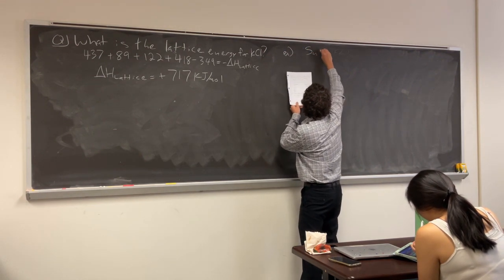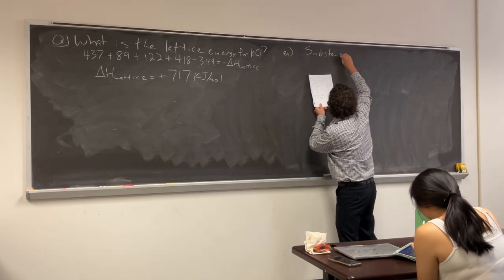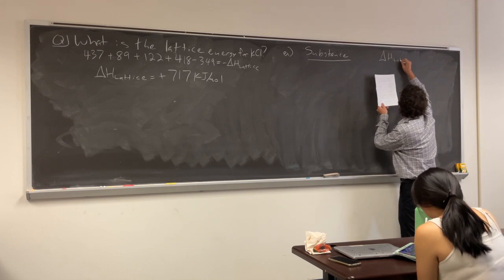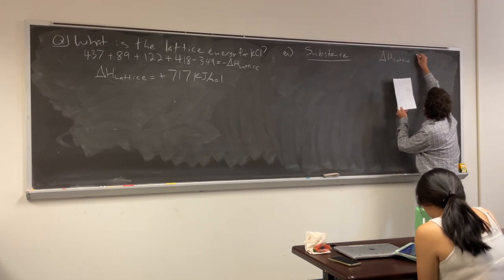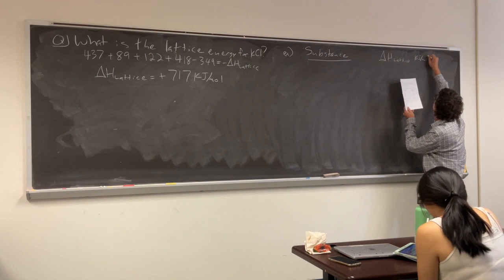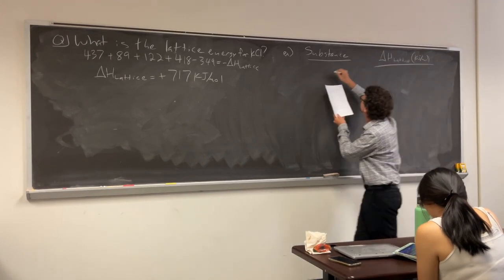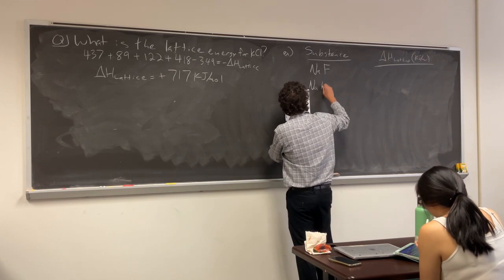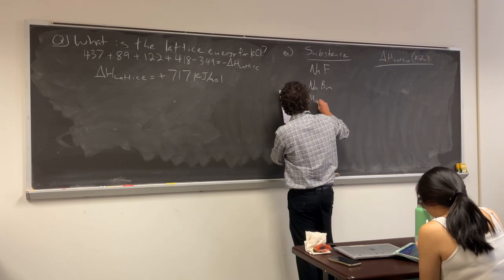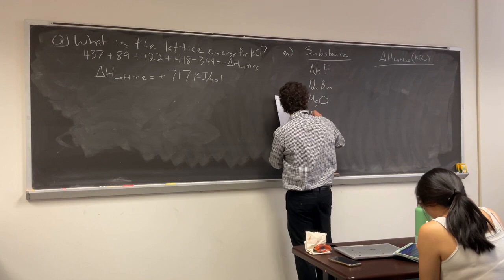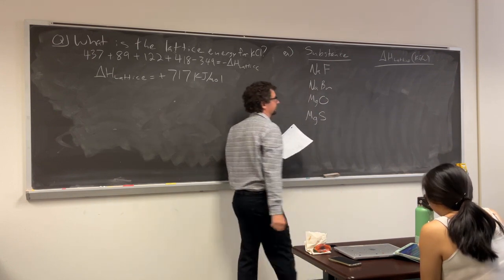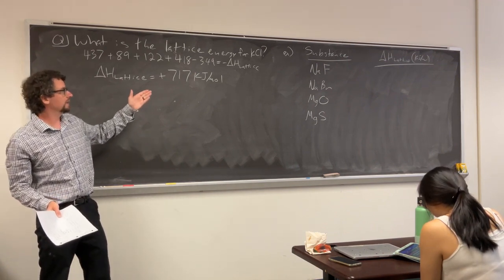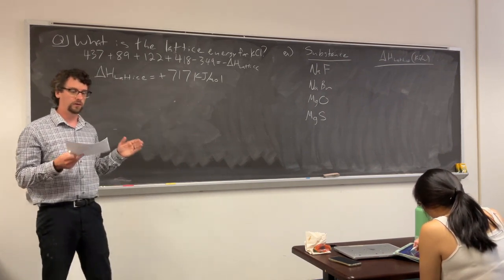We have our substance, and we'll keep track of delta H lattice, kilojoules per mole. What we're going to do is use our intuition to figure out, is it going to raise or lower the lattice energy?